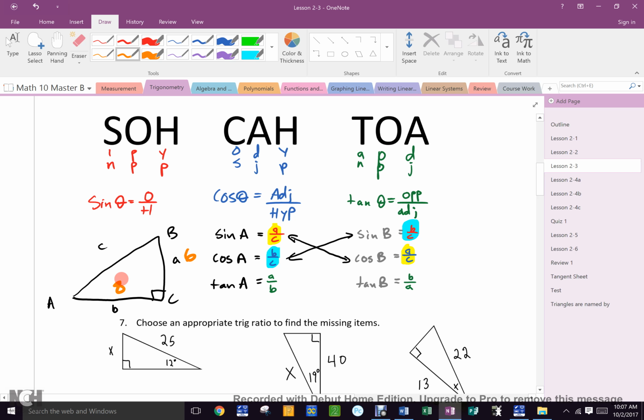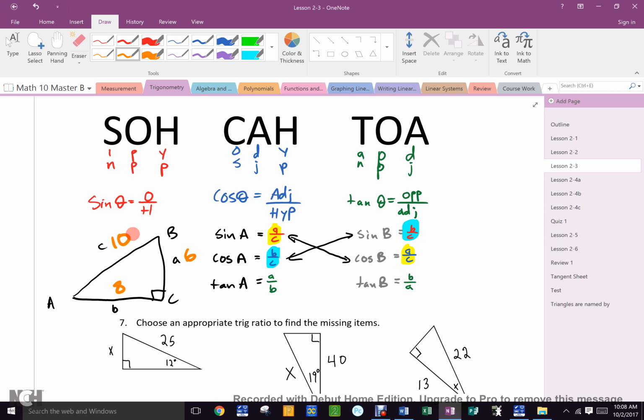Sine of A. What would you need to do before you could even tell me the sine? Pythagoras. 36 and 64 is 100. Square root of 100 is 10. Excellent.